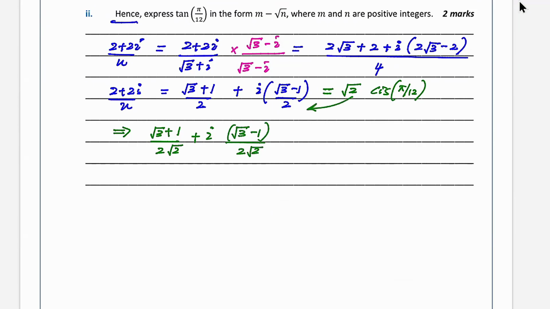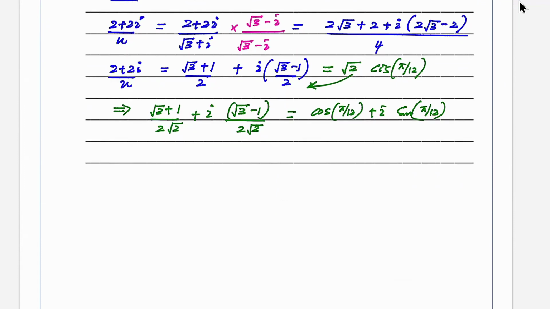You saw that, right? I bring this one down, right? Is equal to cos pi divided by 12 plus i sin pi divided by 12.